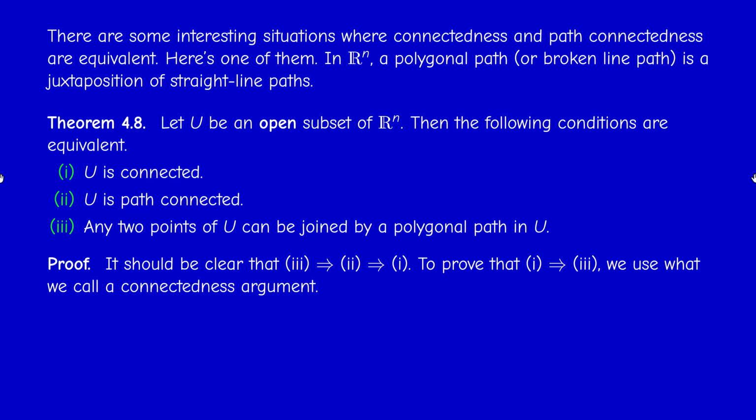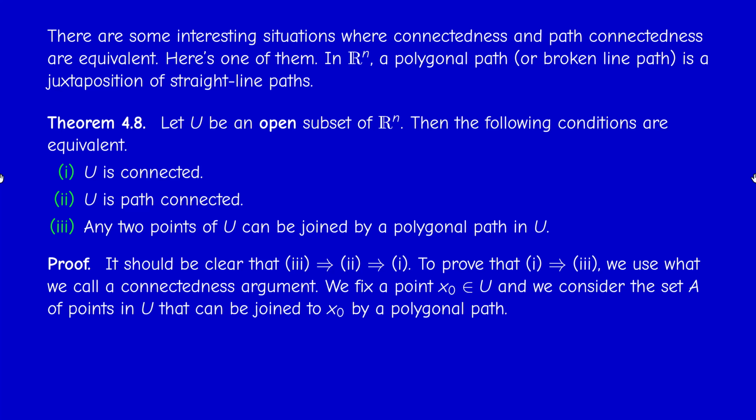To prove that 1 implies 3, we use what we call a connectedness argument, a very important argument in analysis. We start by fixing a point x0 in U, and we consider the set capital A of points in U that can be joined to this base point by a polygonal path.